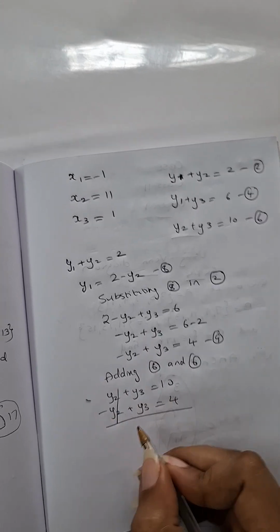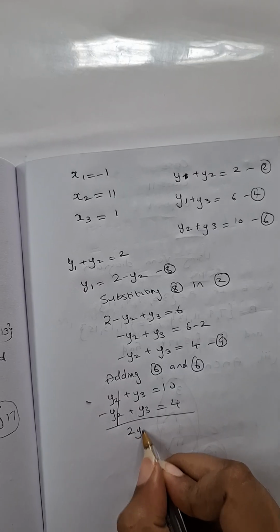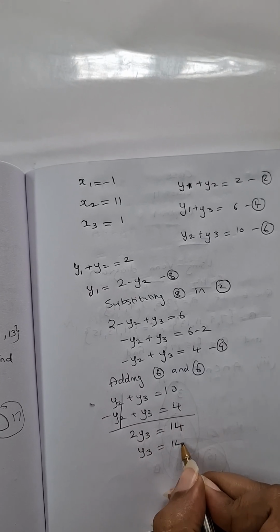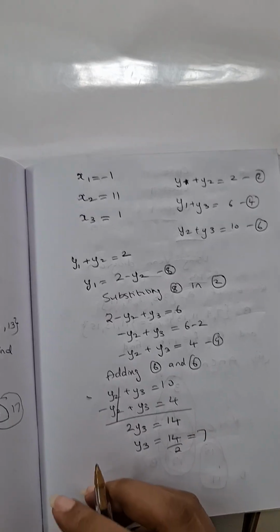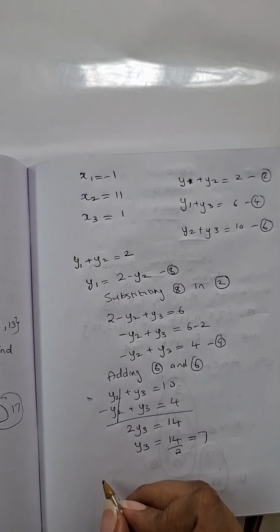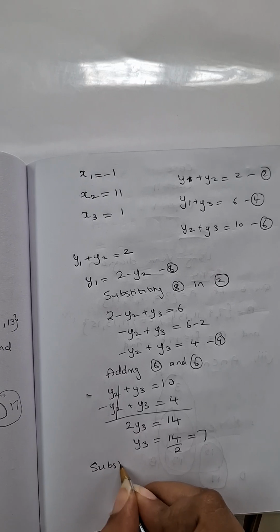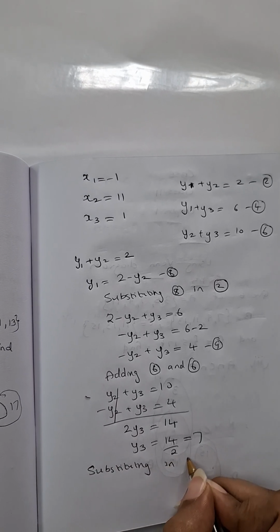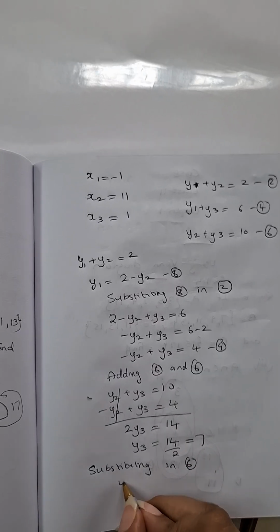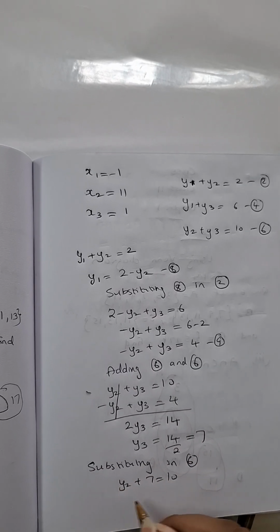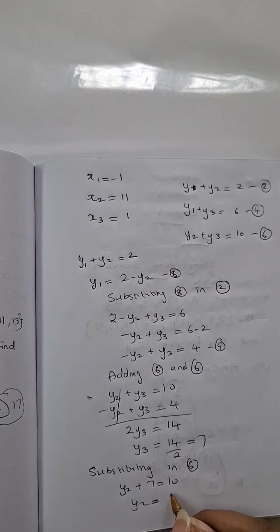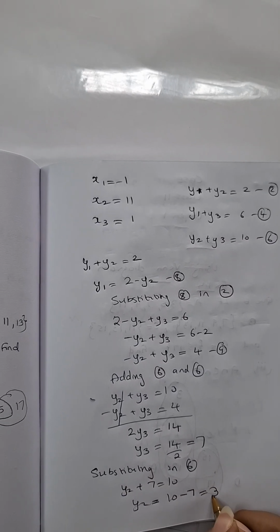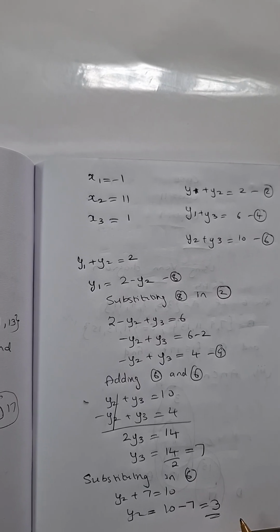Now let's eliminate this. y3 plus y3, 2y3. 10 plus 4, 14. y3 is equal to 14 by 2, that is 7. So we got the answer for y3. So let's substitute. y2 plus 7 is equal to 10. y2 is equal to 10 minus 7, that is 3. So we got the value for y2 also.